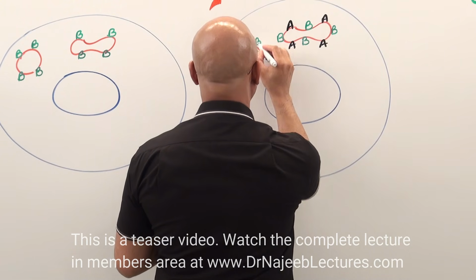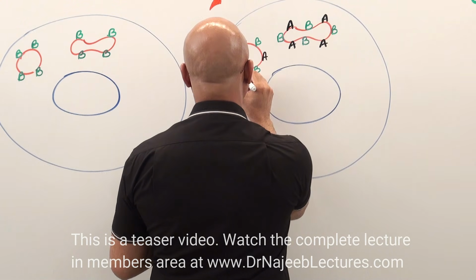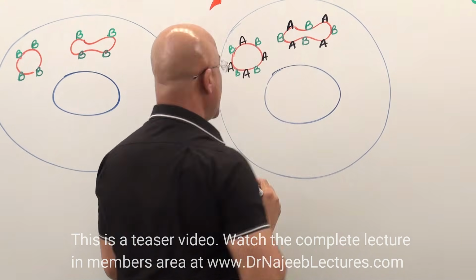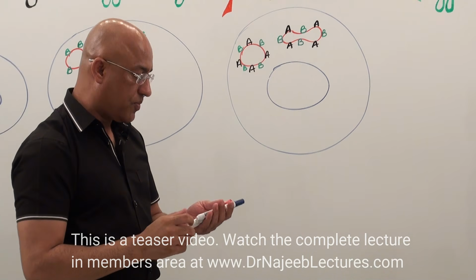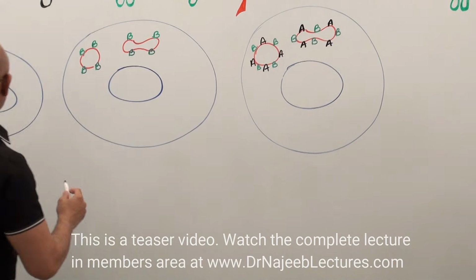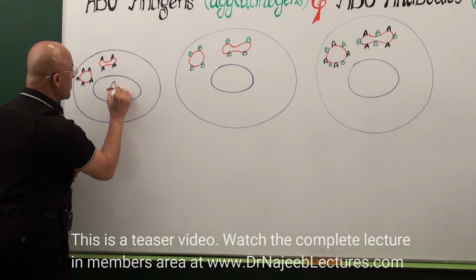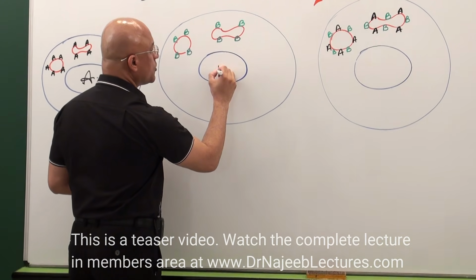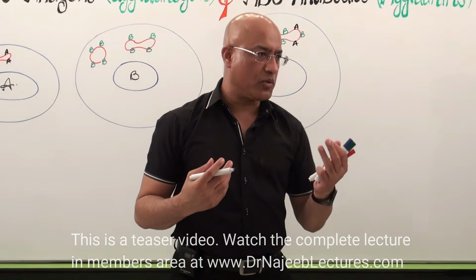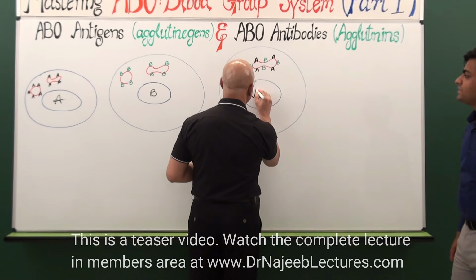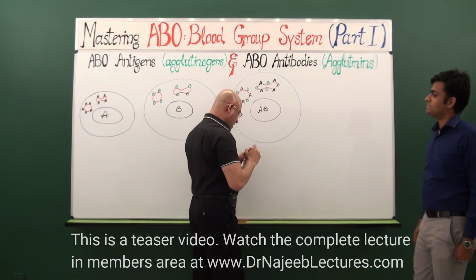So he has both categories of antigens on all his red blood cells, and this person should be called which group? AB group. So here is the A group, this is the B group, and this person is the AB blood group.